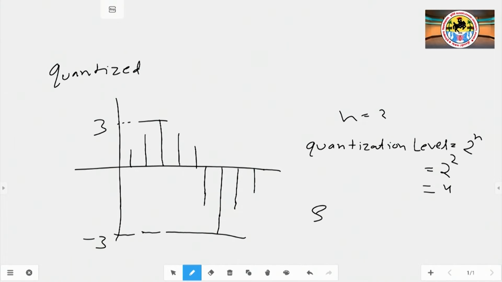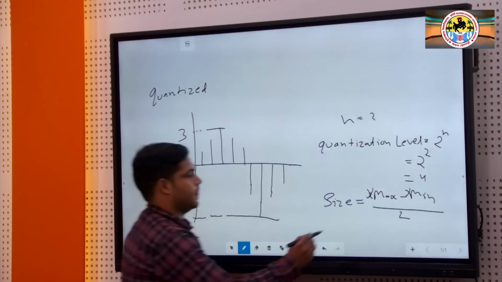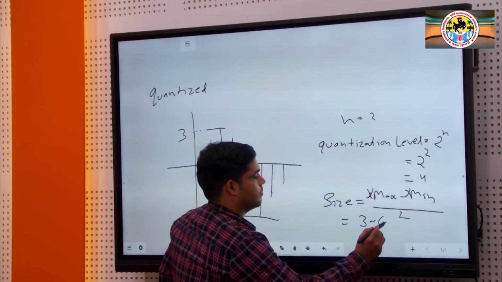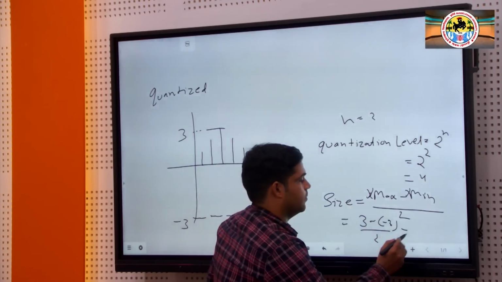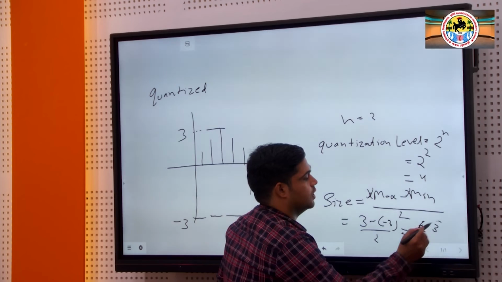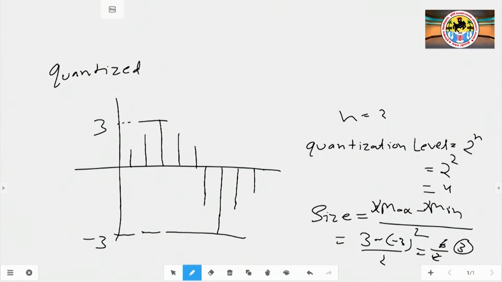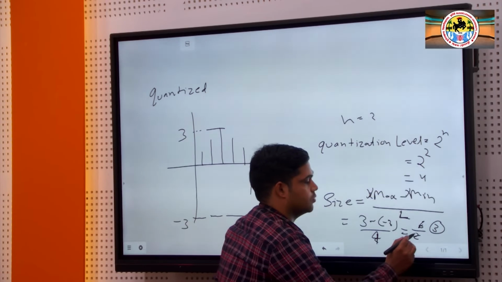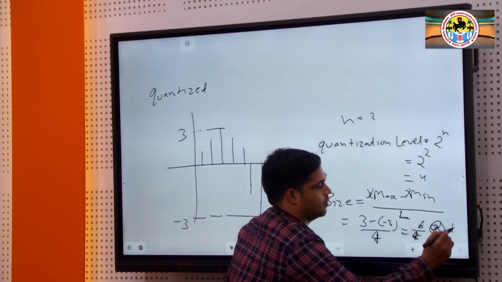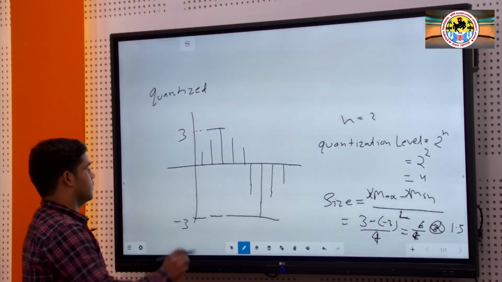The size of the quantization step is x max minus x min upon the quantization level. So x max is 3 and x min is minus 3, so 6 upon 4, the number of levels, which is 1.5.